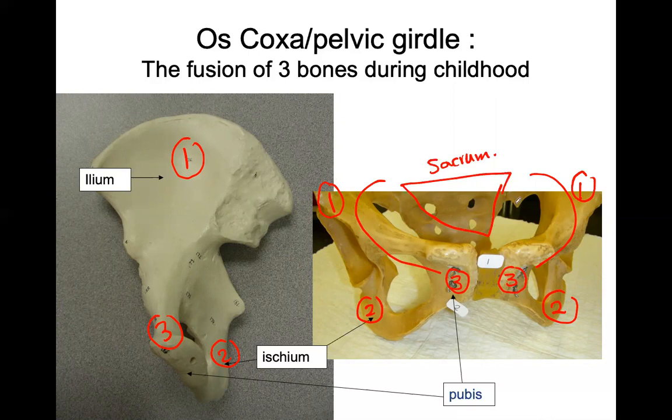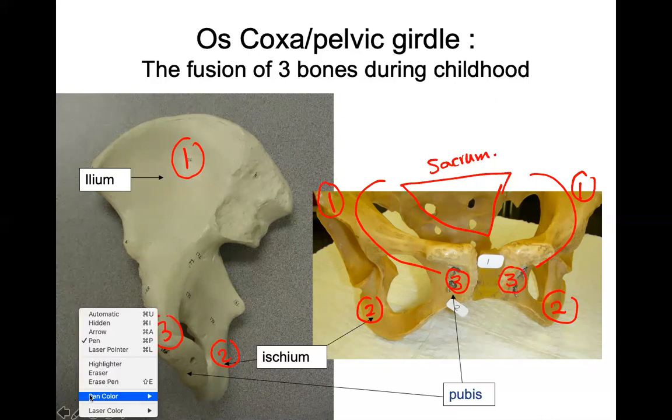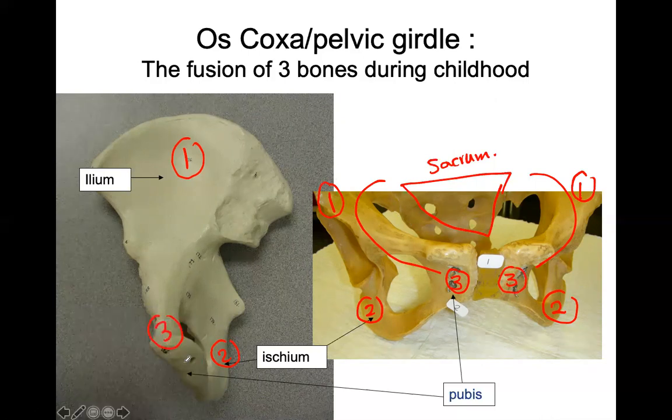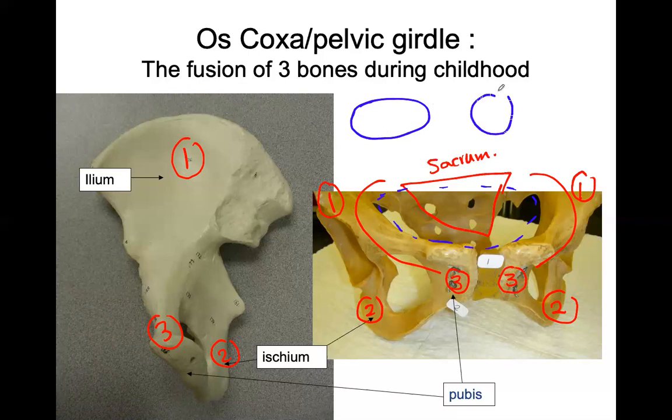When you're comparing the opening, what is called the pelvic brim, between male and female, and I'll show you in a drawing, the female pelvic brim would be more oval shaped. Again, this is going to be used for the passing of the baby's shoulder. And if you compare this opening in male, it would be more round.